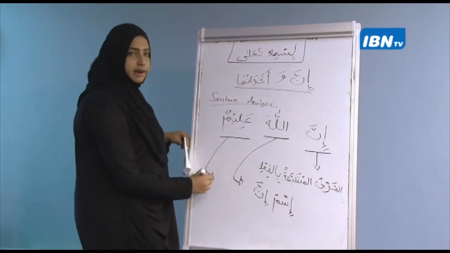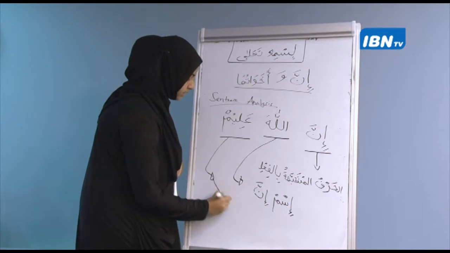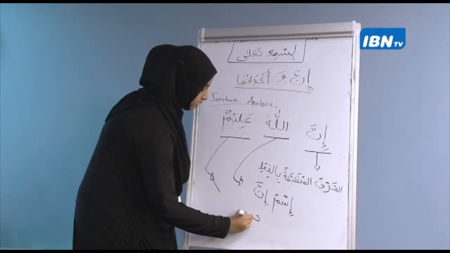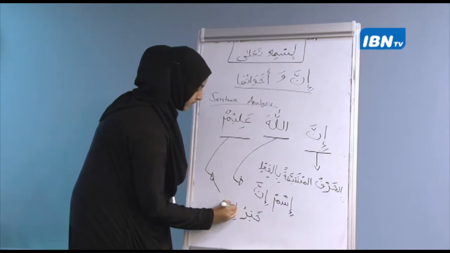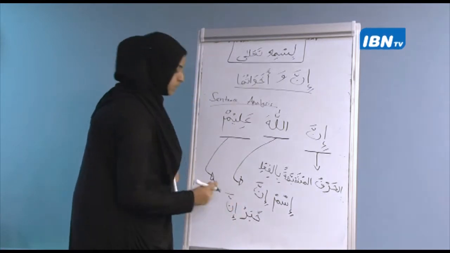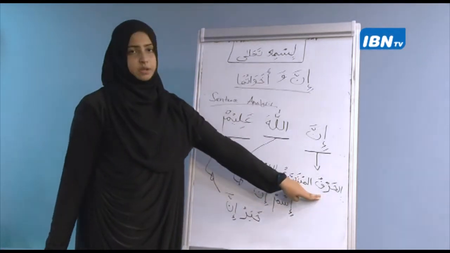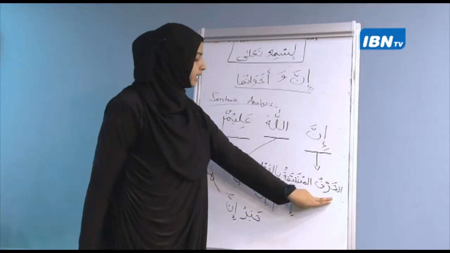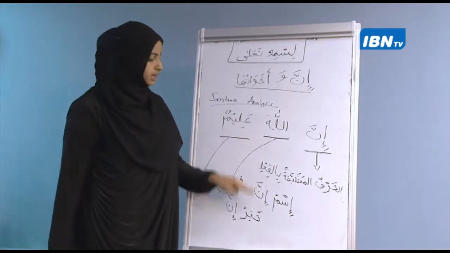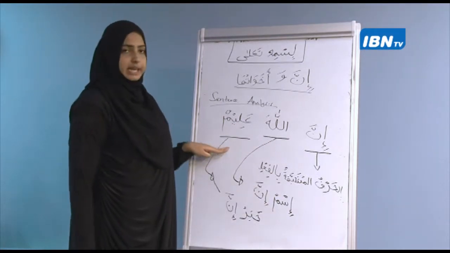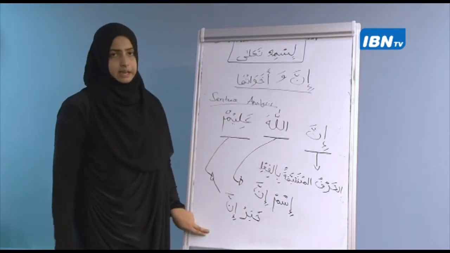So here I will write, this is called khabar Inna. So the first word is al-harful mushabbaha bil fi'l, that is my Inna. Allah is ism Inna, and Alimun is khabar Inna.